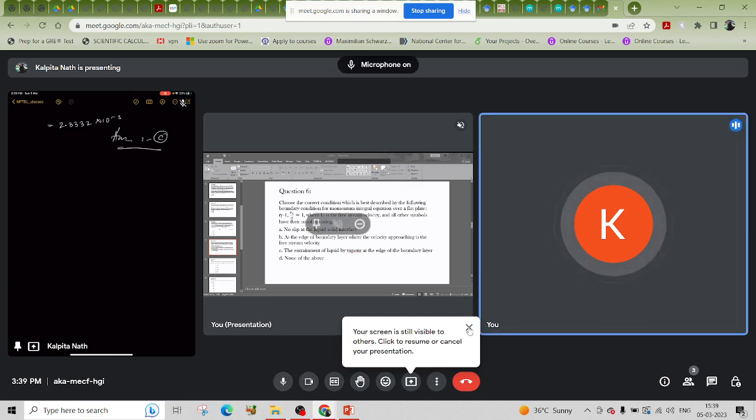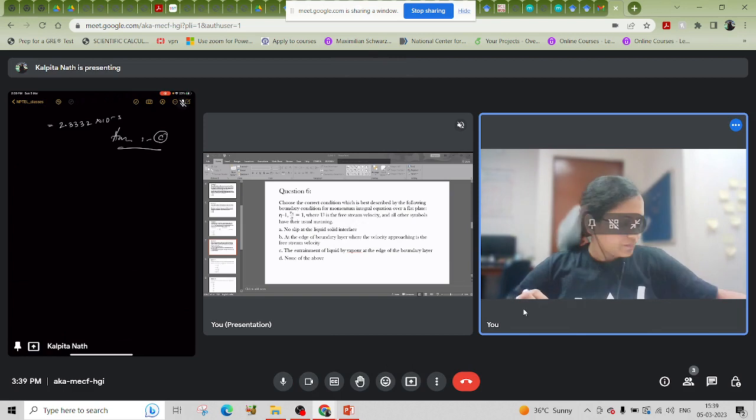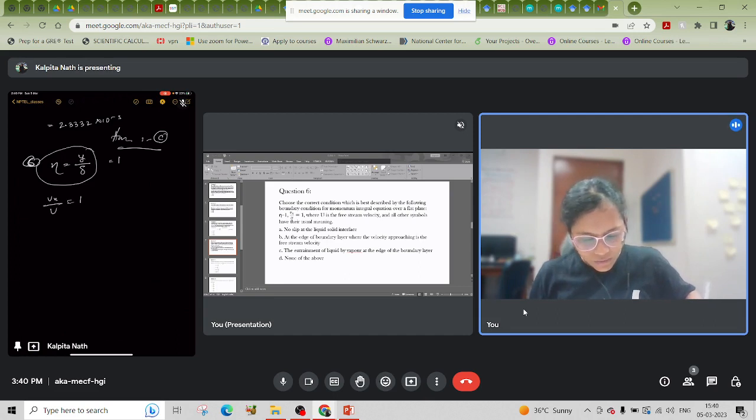Okay, so I hope you have understood what the answer will be. Let us go on with the solution. This is question number 6. Eta is equal to y by delta, that we know obviously. So this is equal to 1 and Vx by u is equal to 1.